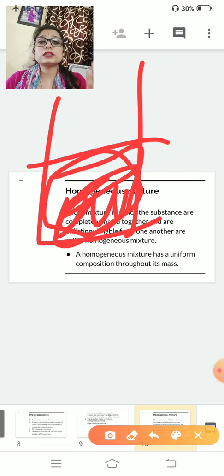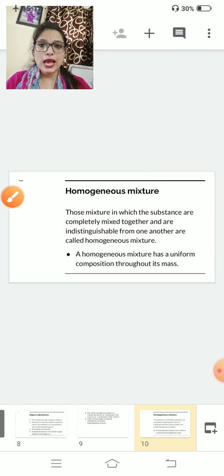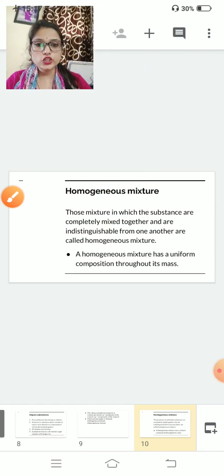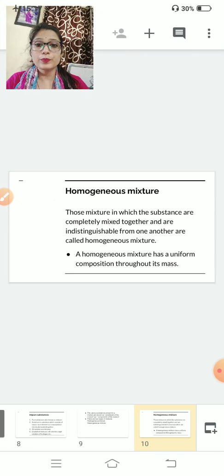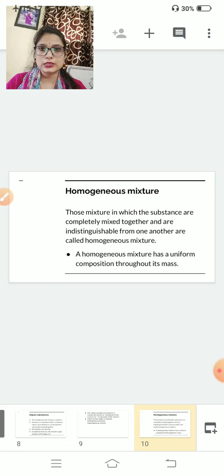The pink is entirely the same for the whole solution. Clear? I am reading once more. Those mixtures in which the substances are completely mixed together and are indistinguishable from one another are called homogeneous mixtures. A homogeneous mixture has uniform composition throughout its mass. Clear?